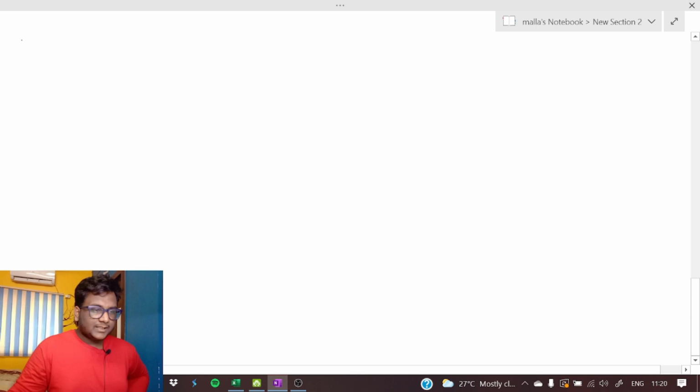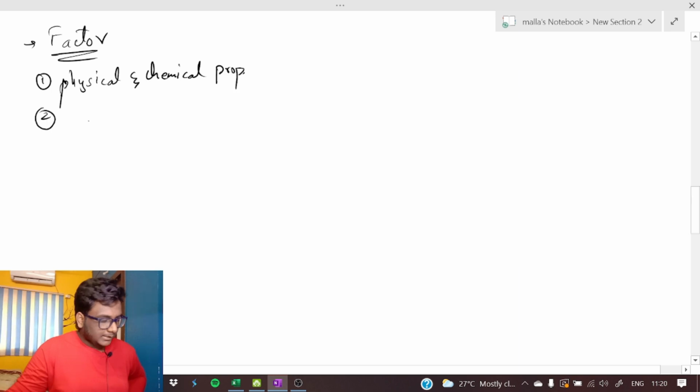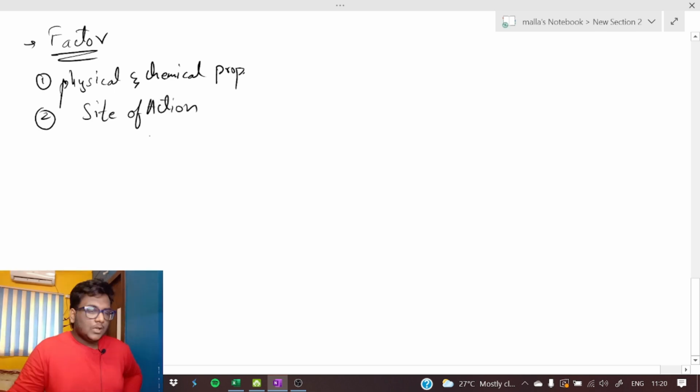Now we are going into the topic routes of administration. The factors affecting the routes of administration are, the first one, physical and chemical properties of the drug, and the second one is site of action of the drug. Site of action is a factor because some drugs may act faster sublingually, or some drugs may act fast in the intravenous way.